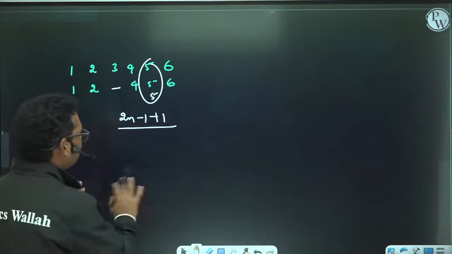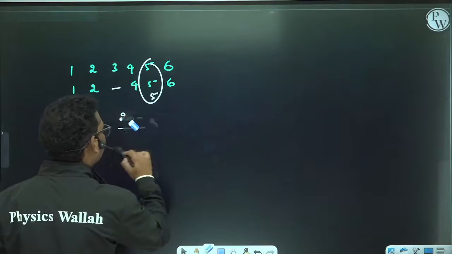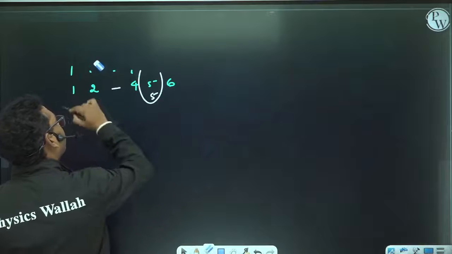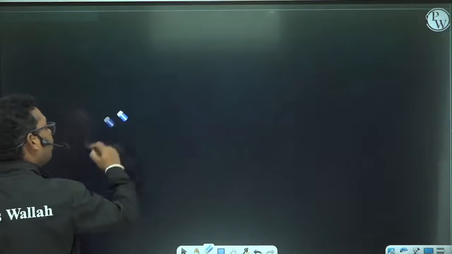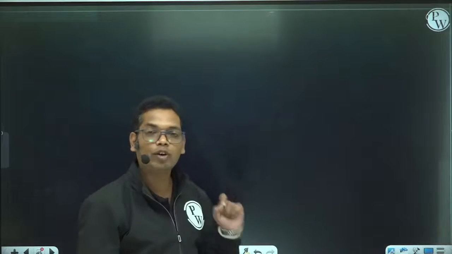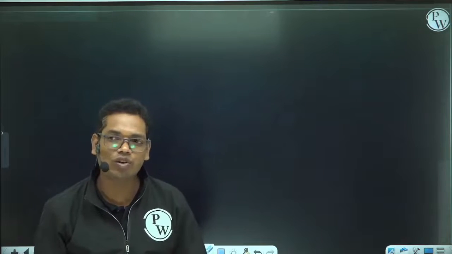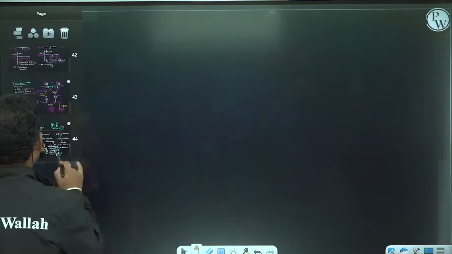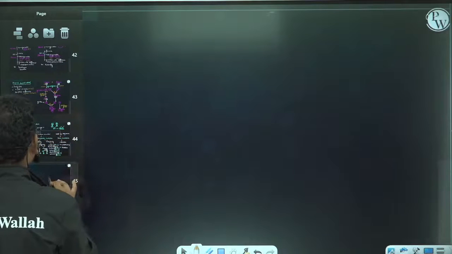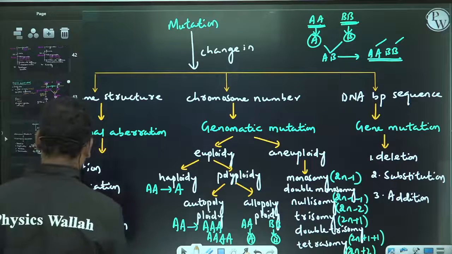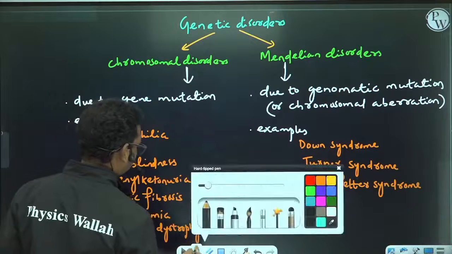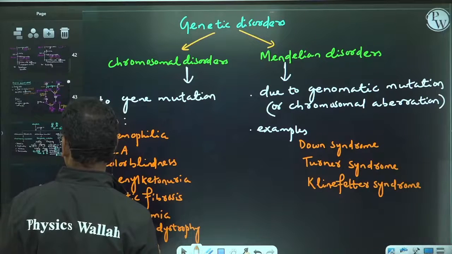Okay, so this is all about different types of aneuploidy. And this aneuploidy is due to non-disjunction of chromosomes. That means when the chromosomes fail to separate during meiosis, this happens.